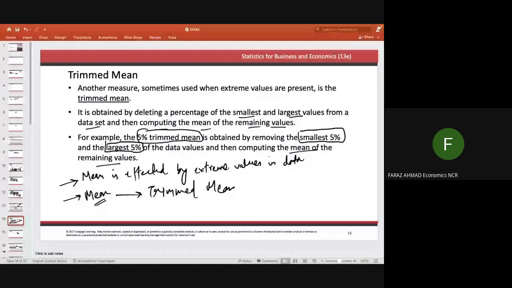So that's what you will call a 5% trimmed mean. You can have a 10% trimmed mean, or a 20% trimmed mean, or a 1% trimmed mean. It depends on what percentage of the values you want to remove from the data set before calculating the mean.